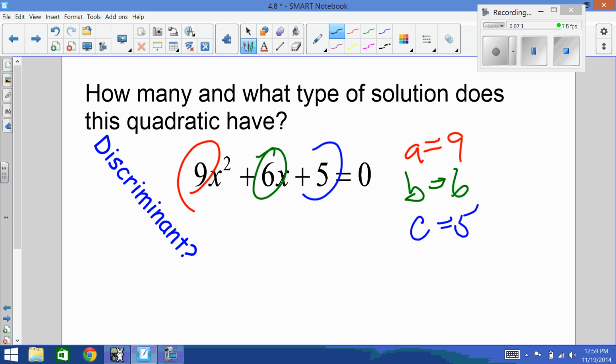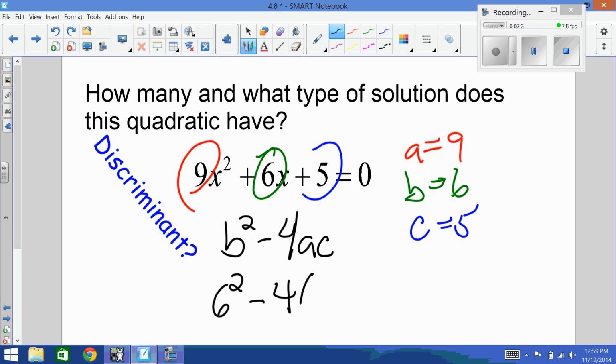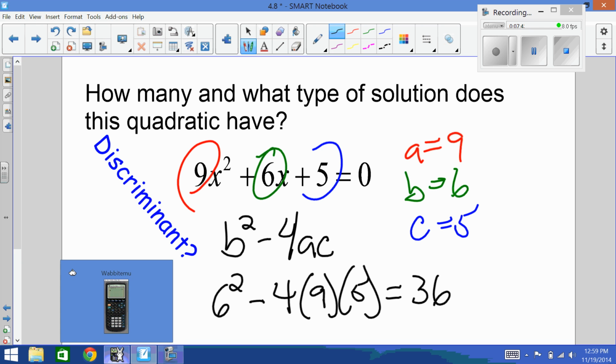So b squared minus 4ac. b is 6, so b squared will be 6 squared minus 4 times a times c. So that's 36.